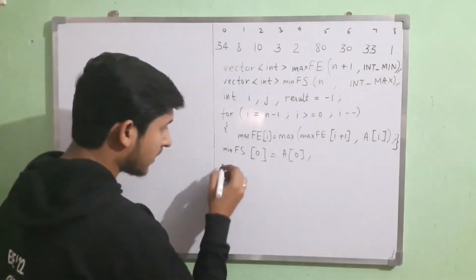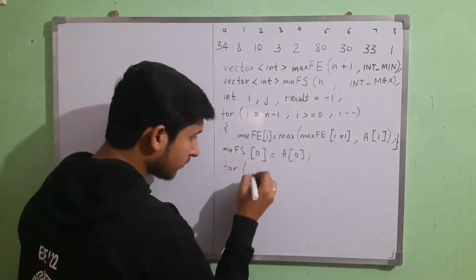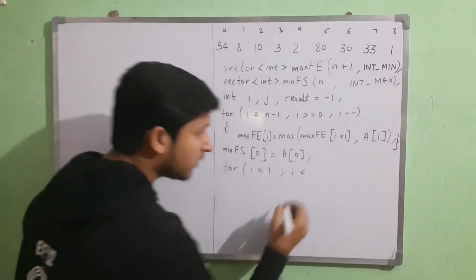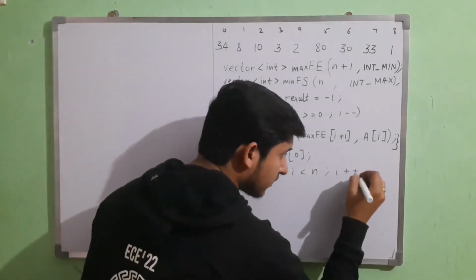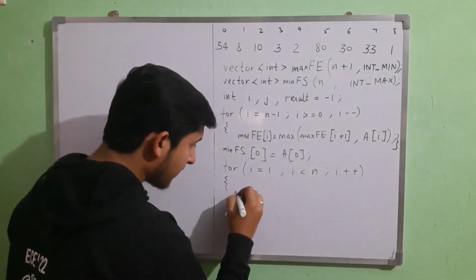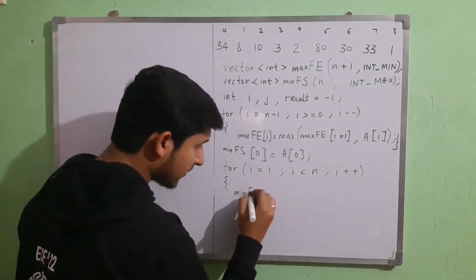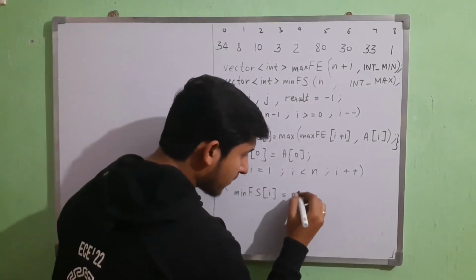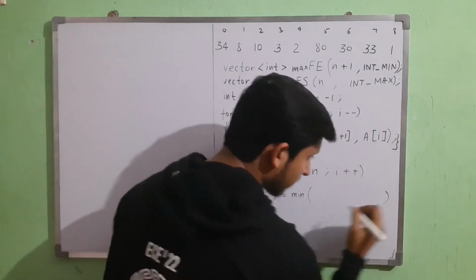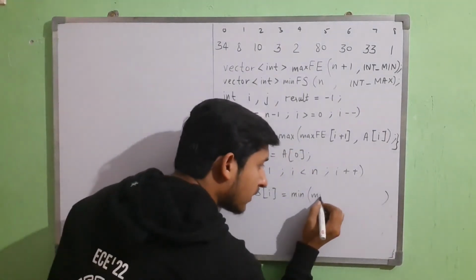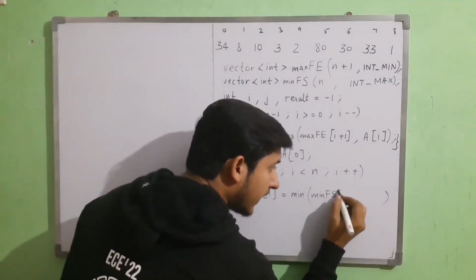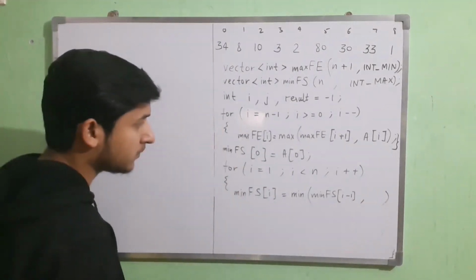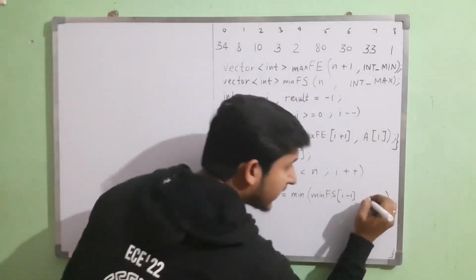Okay, now for i equals to 1, i is less than n, minimum from starting at index i will hold minimum of min from starting at index i minus 1 and a[i].